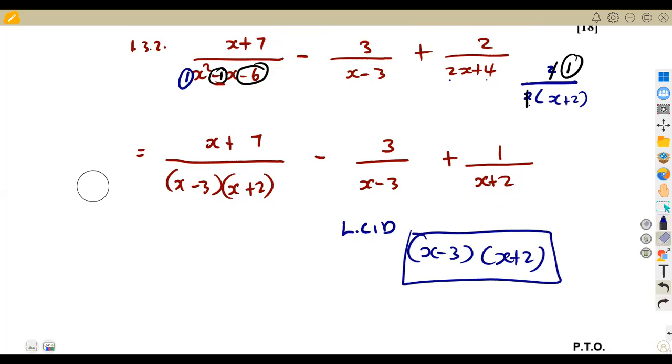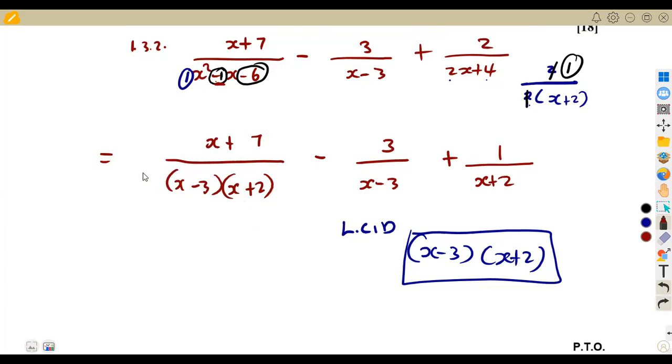All right. So what you're going to do with this method, guys, is make sure that each denominator has every bracket that we have on our LCD, which is x minus 3 and also x plus 2.